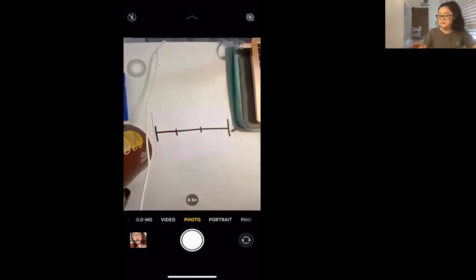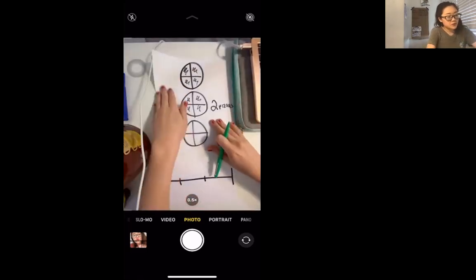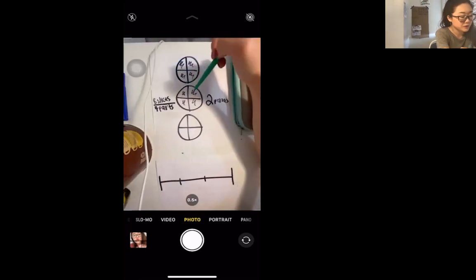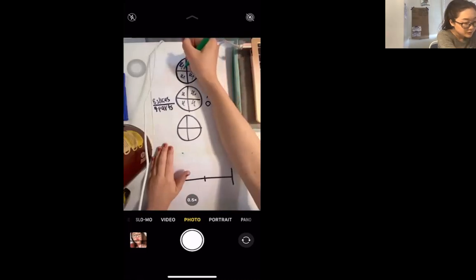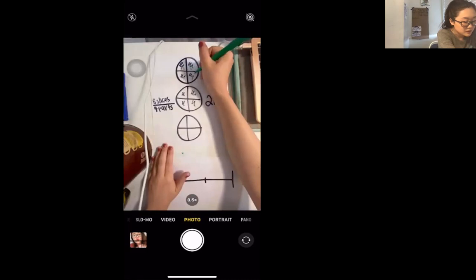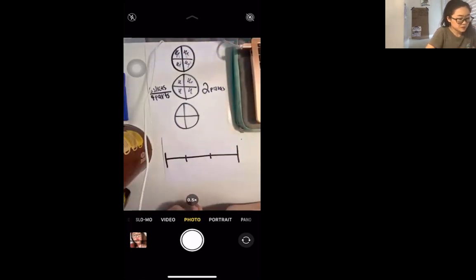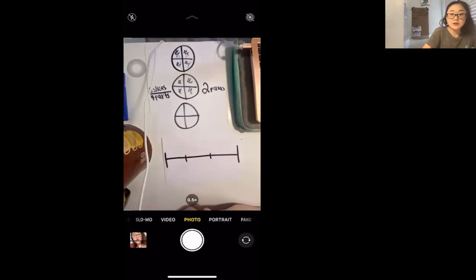All right, so first things first is I'm going to label my number line. And we established that we partitioned each pizza into 4 parts, right? So this is 1/4, this is 1/4, this is 1/4, this is 1/4, right? So that means in our number line, we need to split it up into fourths.